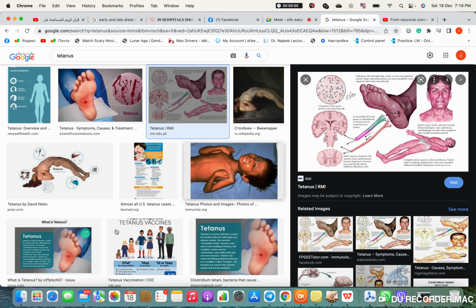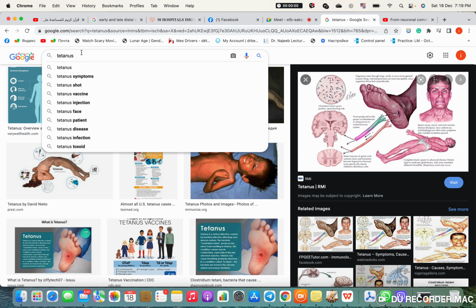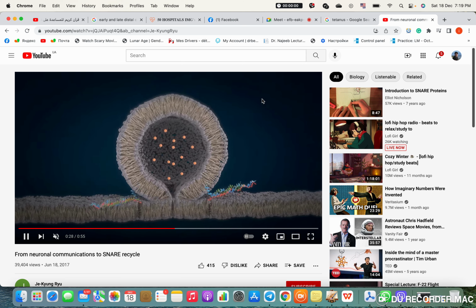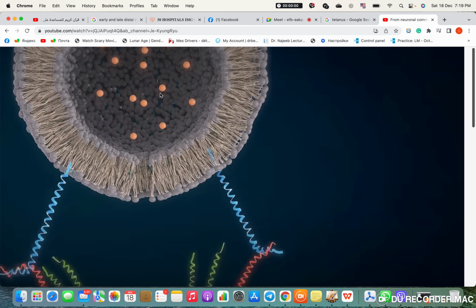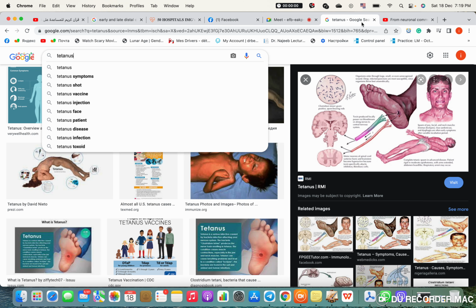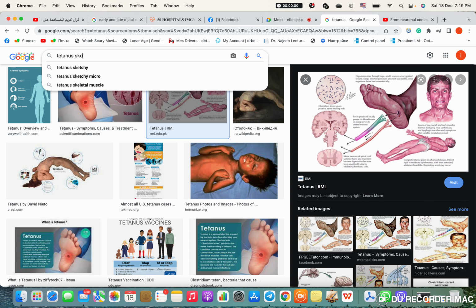Okay, it reached the CNS. And then this tetanospasmin will cleave what? It will cleave the SNARE protein. So when the SNARE proteins are not functional, they will not be releasing these. So now comes the first question. What neurons are we inhibiting, guys?